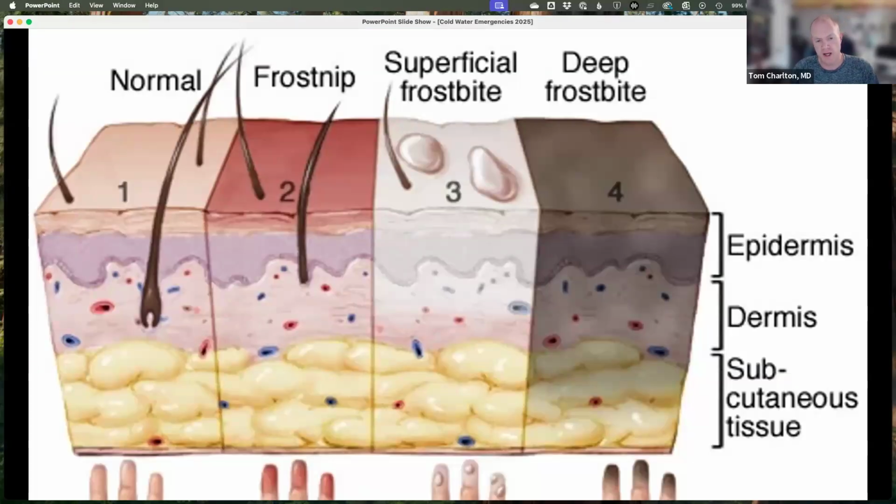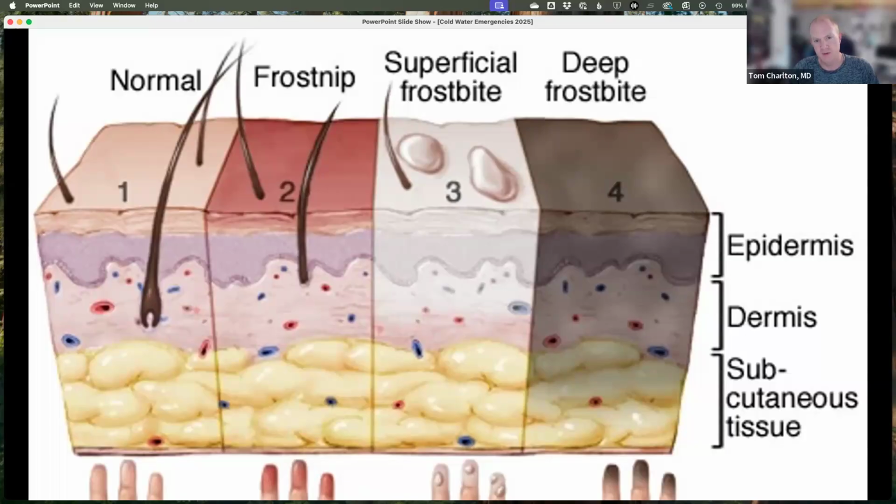So very similar to how we grade burns, we have frost nip, which is that superficial layer of skin that has gotten irritated, paresthesia, et cetera. That's like the sunburn. Okay, so that's the cold related version of a sunburn.